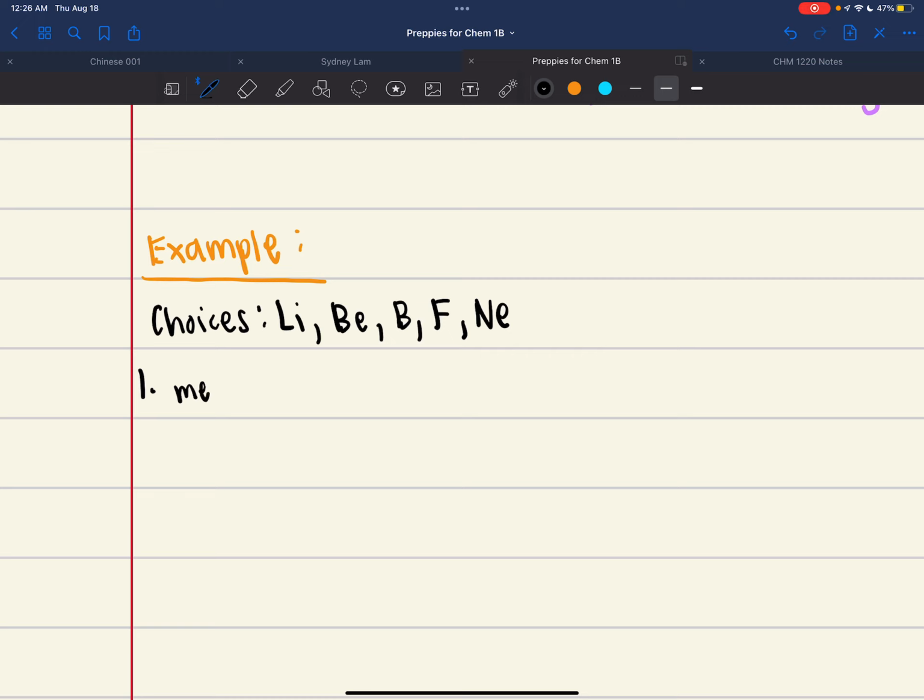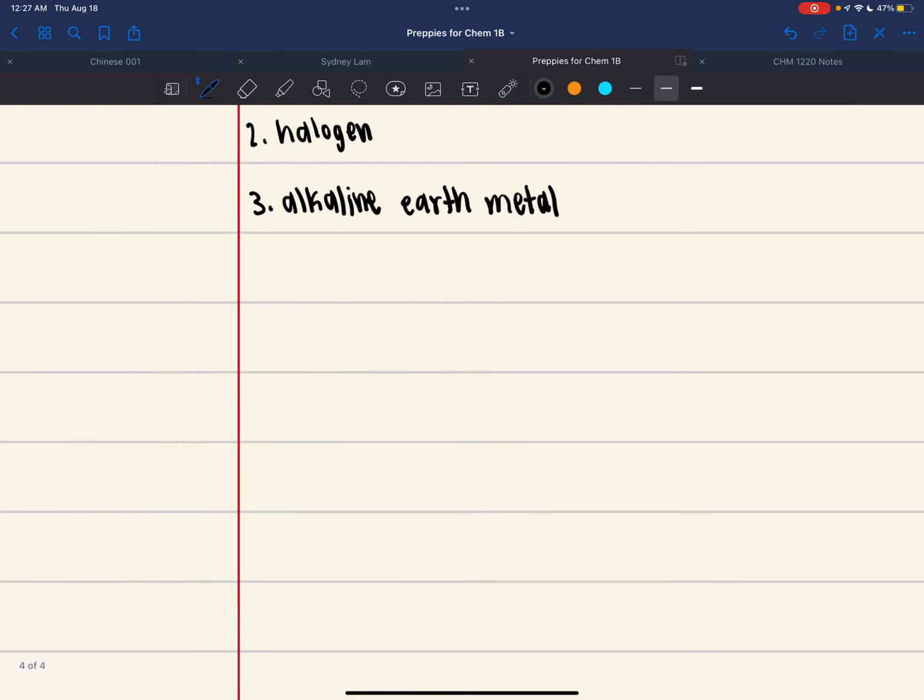The questions are: which one is a metalloid, which one's a halogen, which one is an alkaline earth metal, which one is inert?